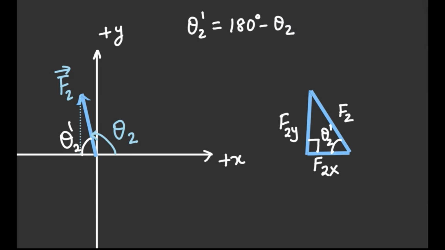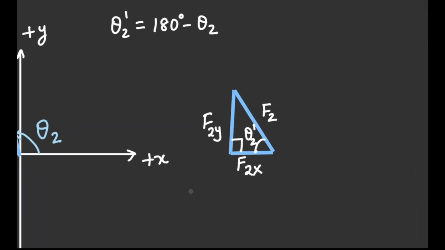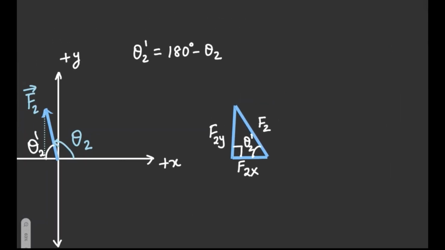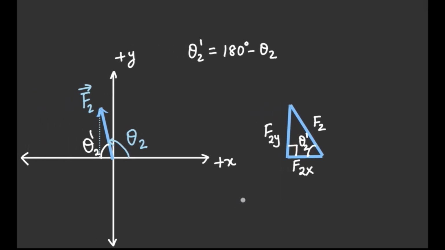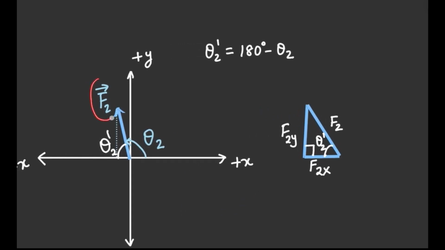Now to calculate the value of F2x and F2y, we have two options. We could either use the angle theta 2 or we could use this angle theta 2 prime. They will both give us the same answer, except when we use theta 2 prime, we have to pay attention to these signs. How? Well, look here. This vector F2, what quadrant is it in? It is in the second quadrant.